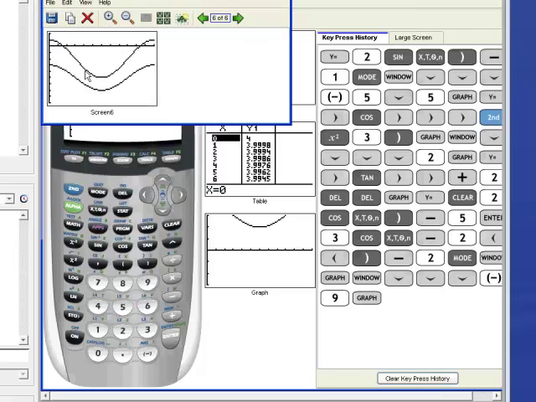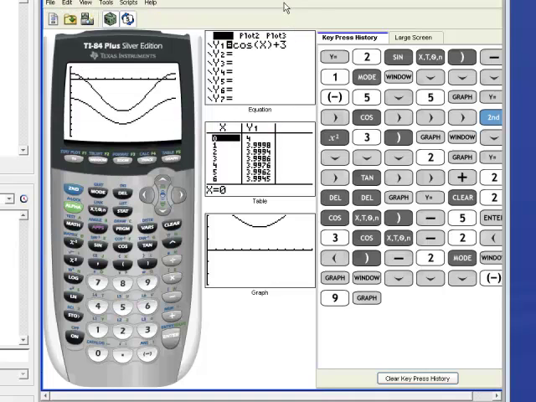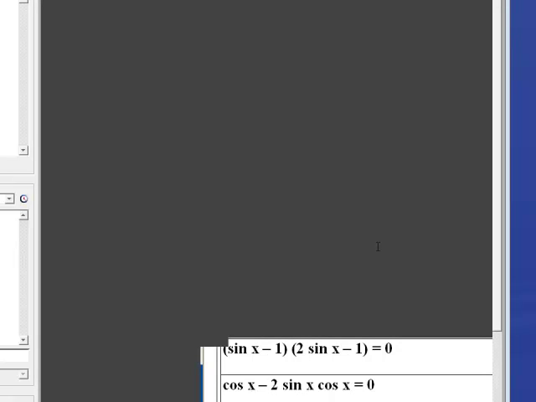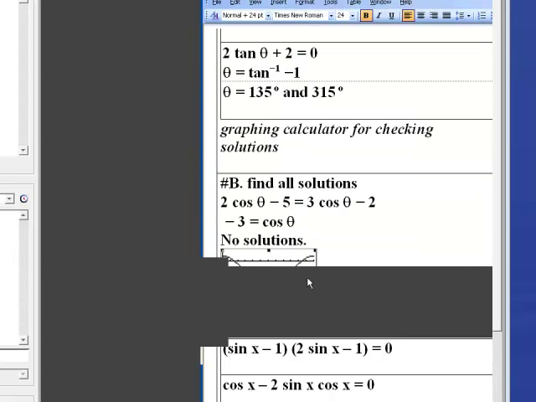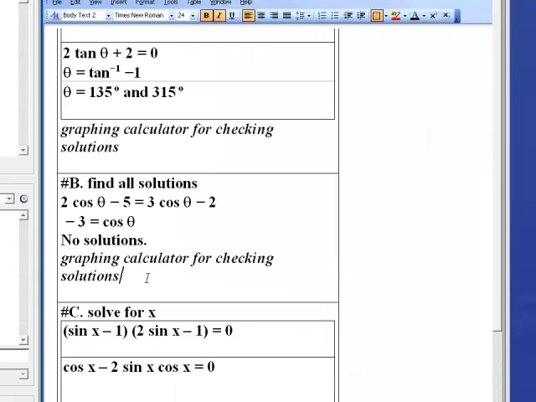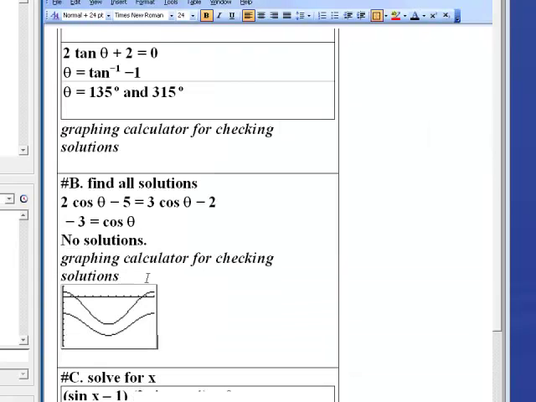Okay, I'm going to actually try something here. I'm copying this and see if I can insert that right away into Word. Actually, that worked. There we go.